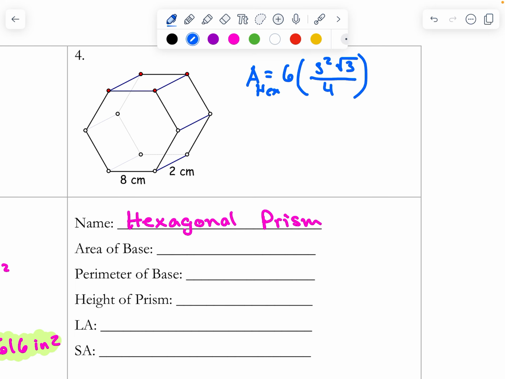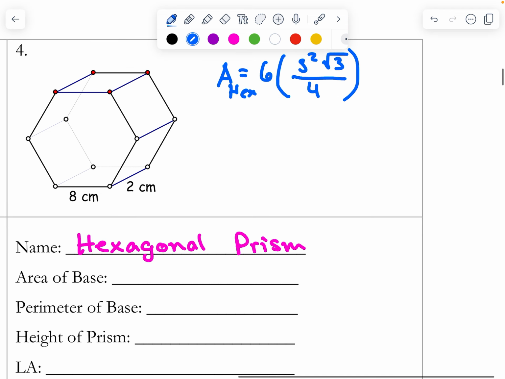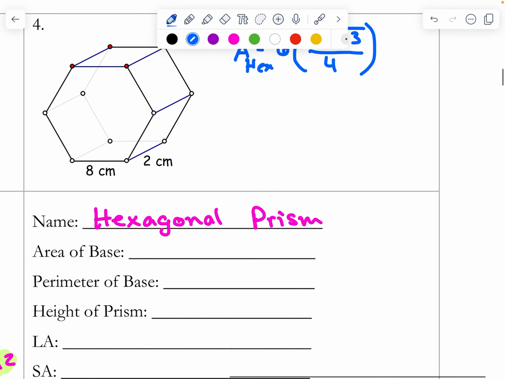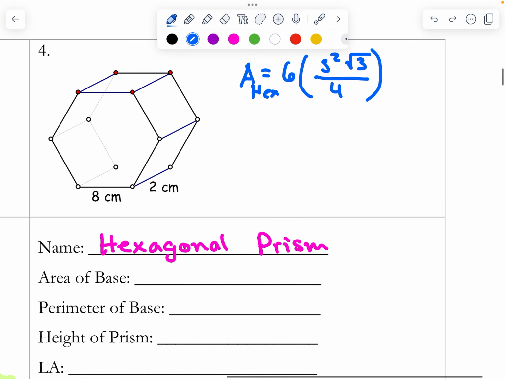So let's go ahead and find that. Actually, we had an easier way of doing this, but that's okay. Actually, let's go ahead and do it the easy way.